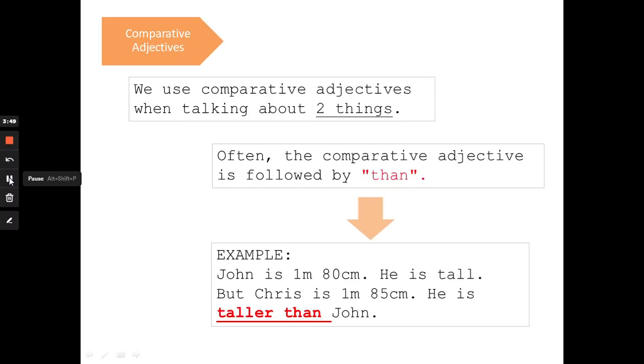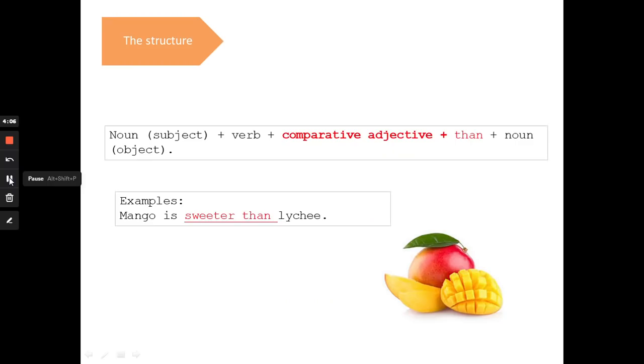He is tall, but Chris is 1 meter 85 centimeters. So we can say he is taller than John. So you have taller as the comparative adjective and you have the word than.